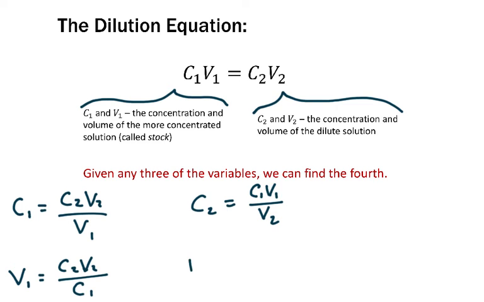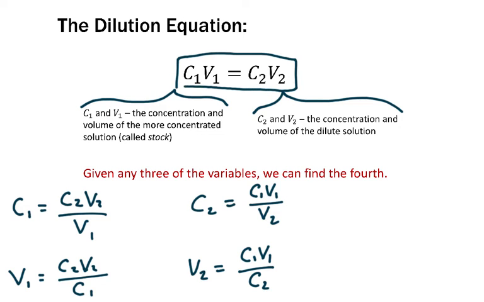And finally, if we want to know what volume of diluted solution we would end up with given the other parameters, we can write this equation. Now you don't have to memorize any of these because you can get them fairly easily from the dilution equation. So we're always going to start with C1V1 equals C2V2, figure out what you know, figure out what you're solving for, set up the equation for that, and go.